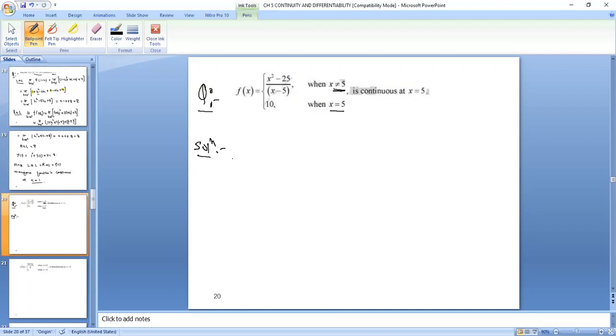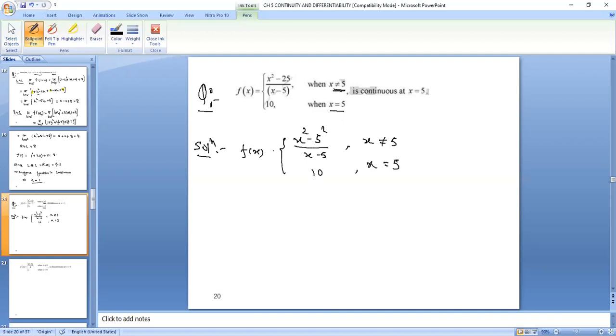So we can write the function f of x equals x square minus 25, meaning x square minus 5 square, upon x minus 5 when x is not equal to 5, and 10 when x is equal to 5.